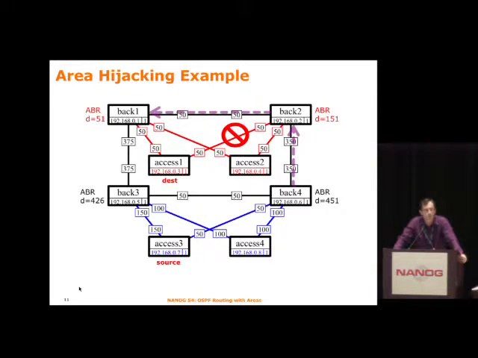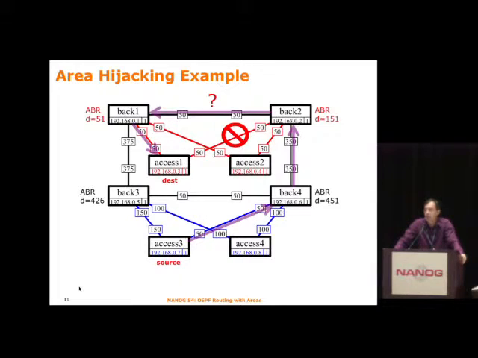Back 4, when it wants to compute its shortest path, sees that it now has a shorter path by going through back 2 to back 1, and then using the distance that back 1 advertised. And then, once again, access 3 in the blue area will compute its path using back 4. And so this means that it computed a path and distance that was based on this path.